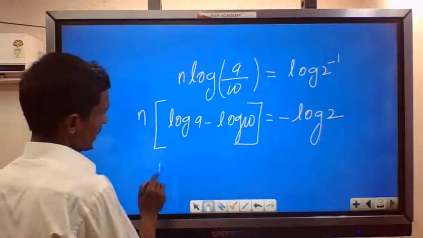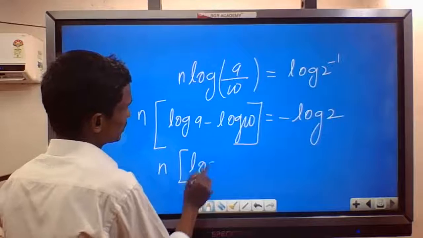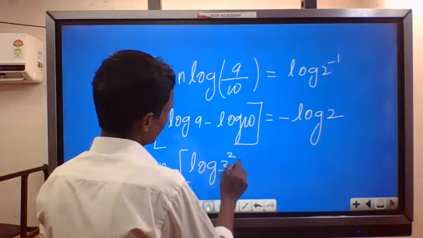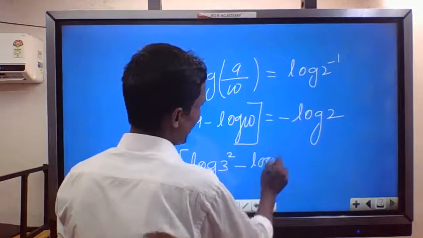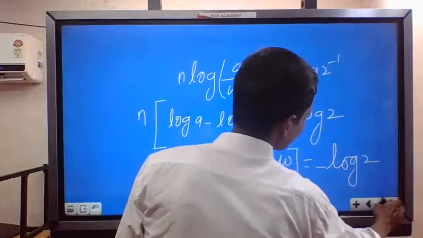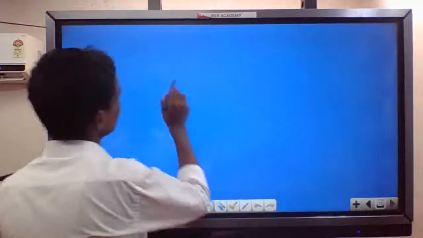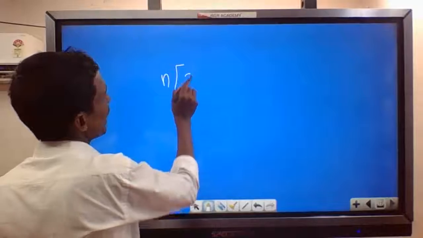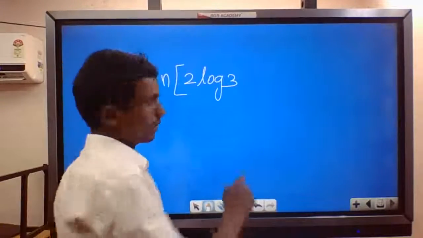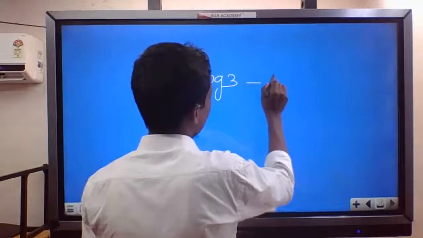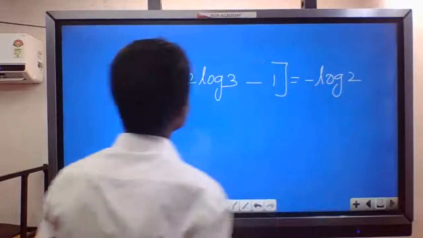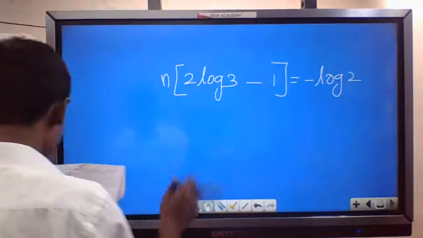So n times (2 log 3 minus log 10, which is 1) equals minus log 2.